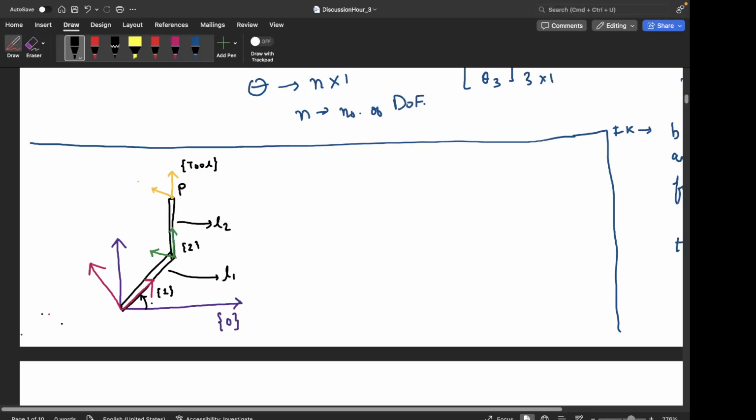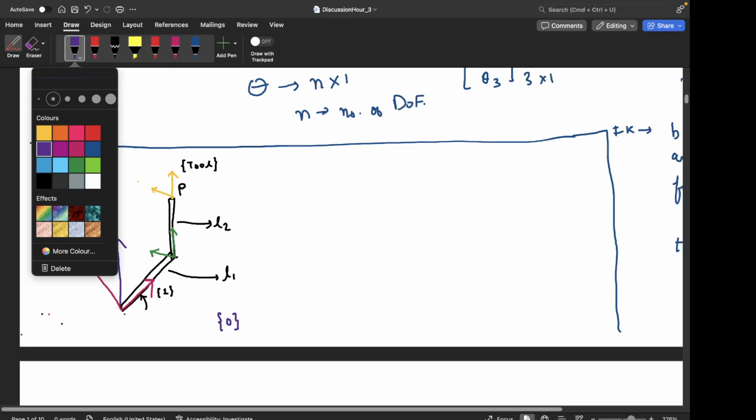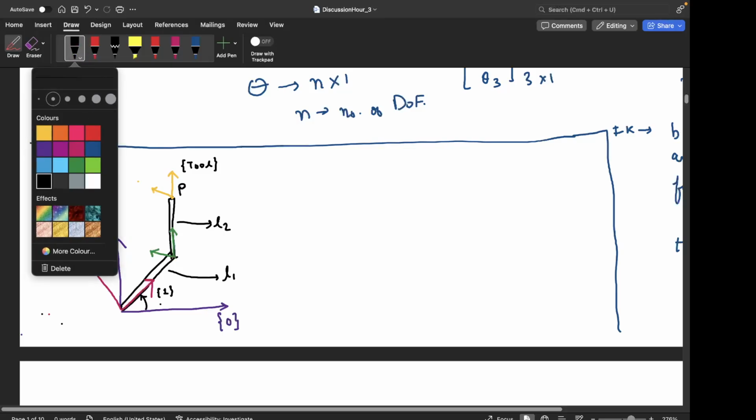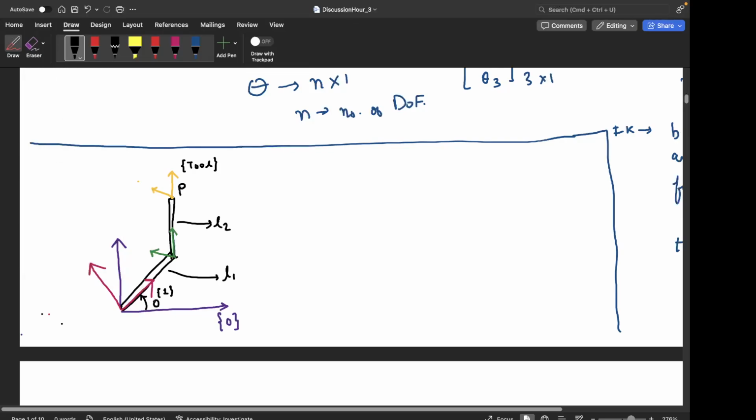This is theta 1, positive in the anti-clockwise direction, this is theta 1, this is theta 2, and this is frame 2.